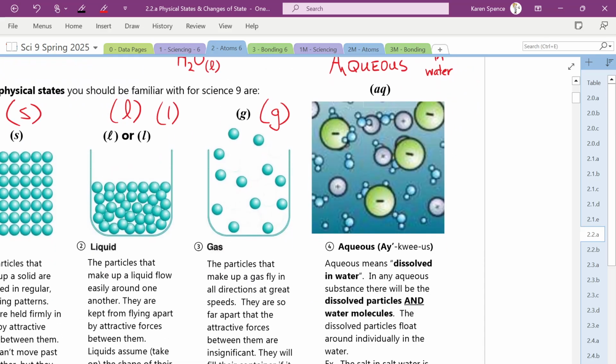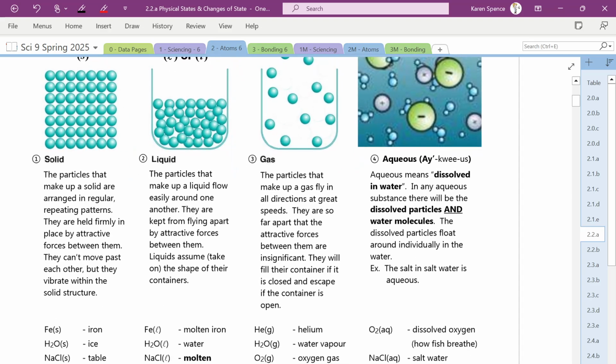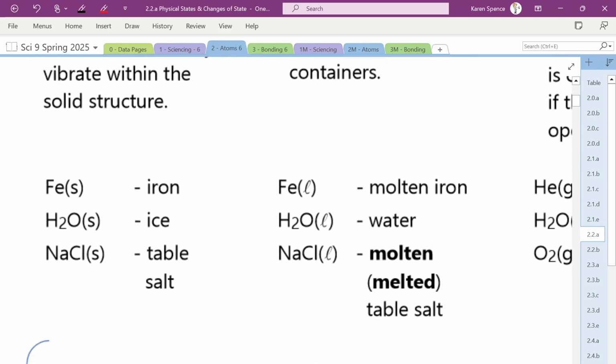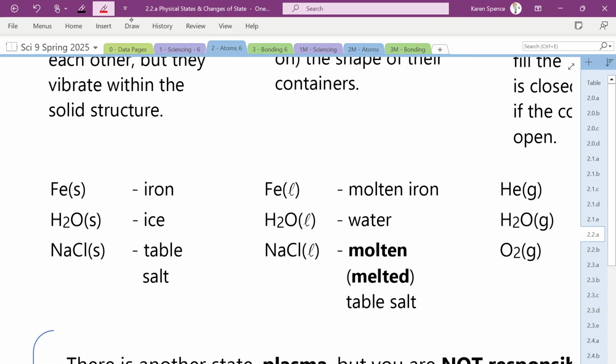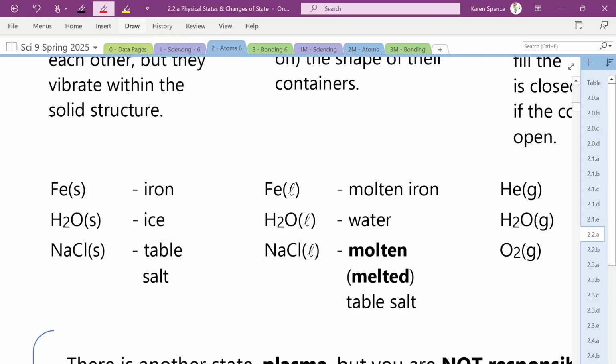All right, so we have solid, liquid, gas, and aqueous. So if you're looking for examples of these, you might have iron, which is a solid, Fe. Did you guys know that iron is Fe? Maybe you've heard that before. H2O solid, that would be ice. NaCl, table salt.